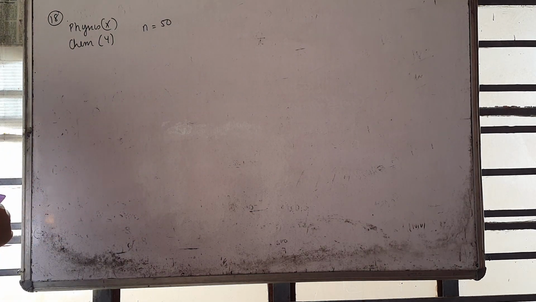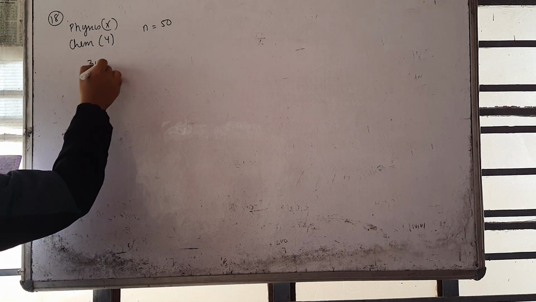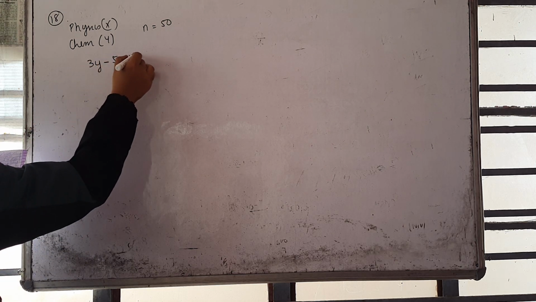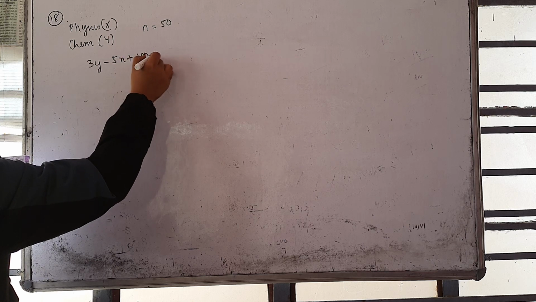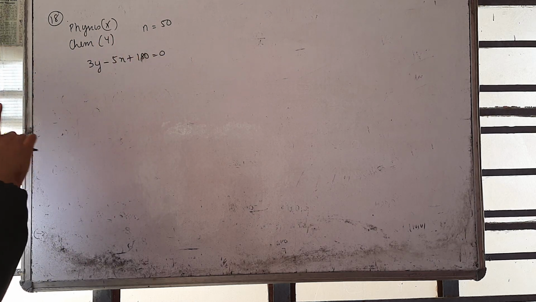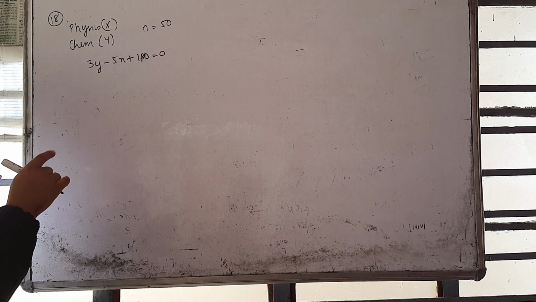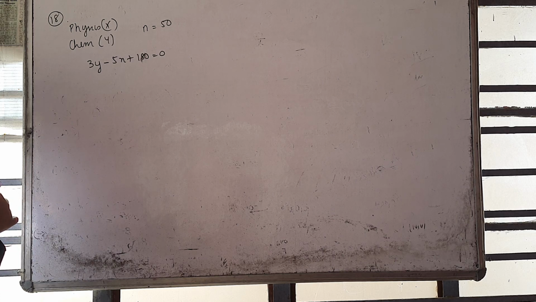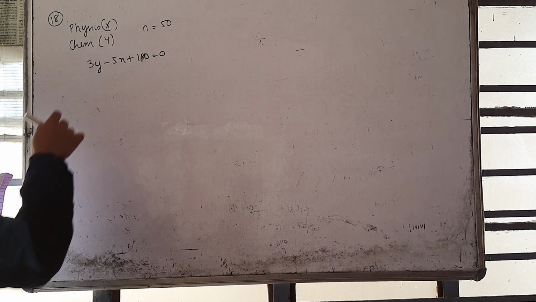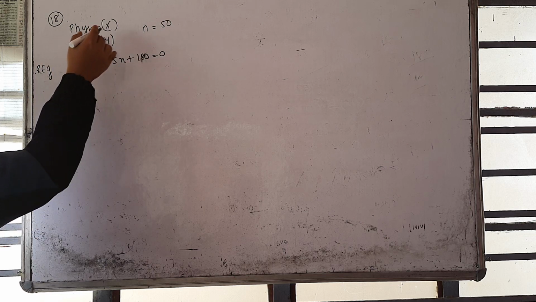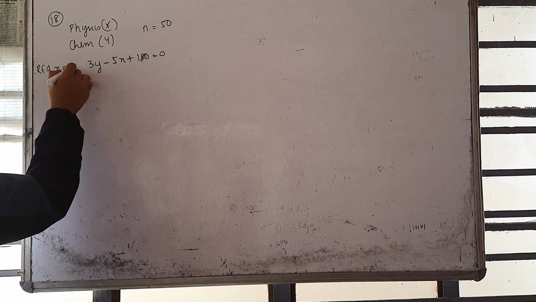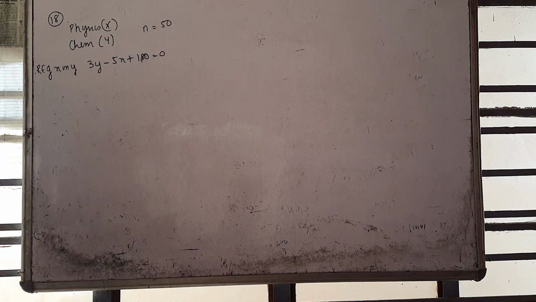The equation is 3y minus 5x plus 180. Everyone, what is this? This is the regression of marks in physics and marks in chemistry. That means regression equation of physics on chemistry, that means x on y. Physics on chemistry. This is given to us.